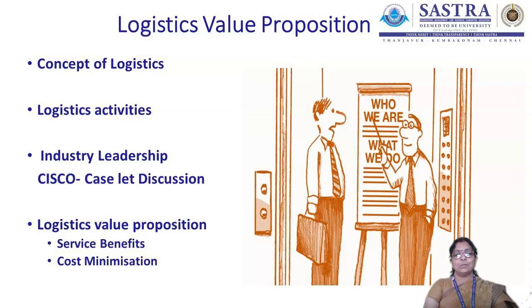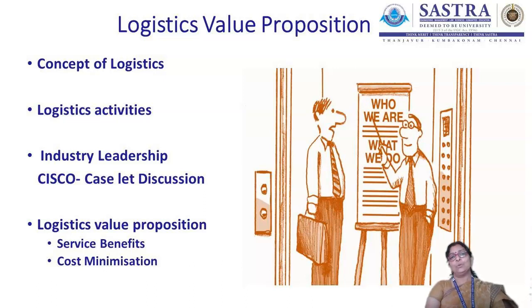Let us just go through the basics, what we have learned from Unit 1, and then we continue the concepts related with customer benefits, what is our logistics value proposition, and in addition, what are the logistics operating arrangements or the basic logistics operations.